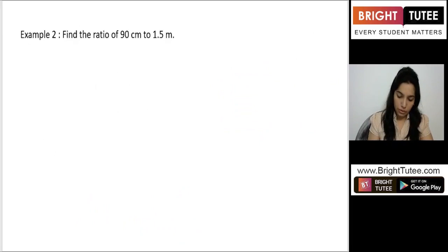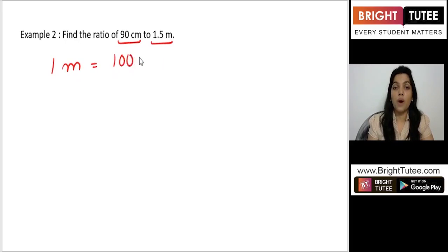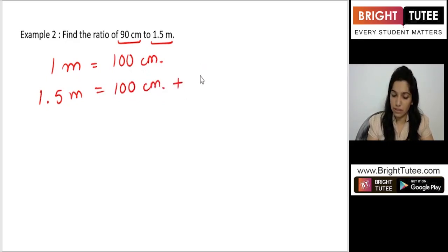Moving to example 2, we need to find the ratio of 90 centimeters to 1.5 meters, because 1 meter has how many centimeters? 100 centimeters. So 1.5 meters, we can write this as how many centimeters? 1 meter is basically 100 centimeters, and because it's 0.5 meters, that means it is 50 centimeters.